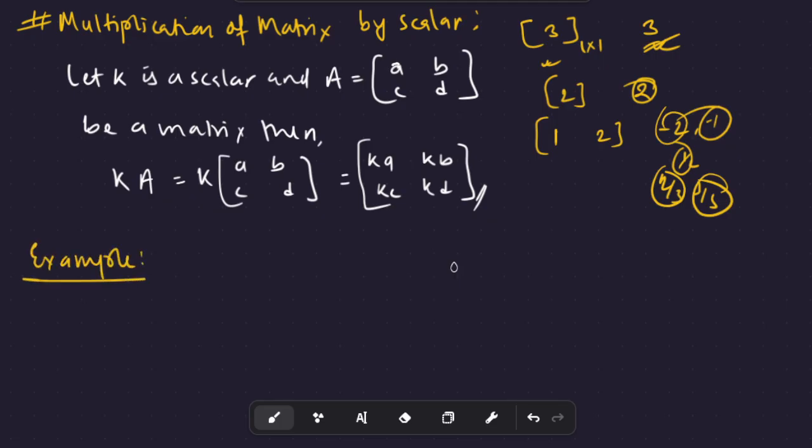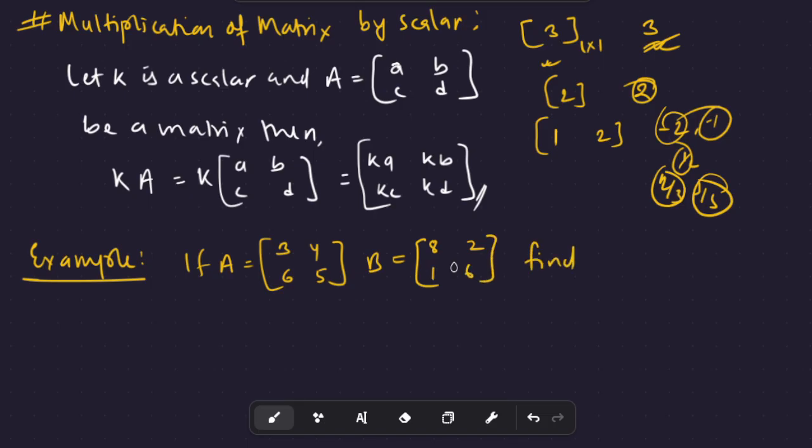The example is: if A equals [3, 4; 6, 5], B equals [8, 2; 1, 6], find 2A plus 3B. Two types of operation are here.